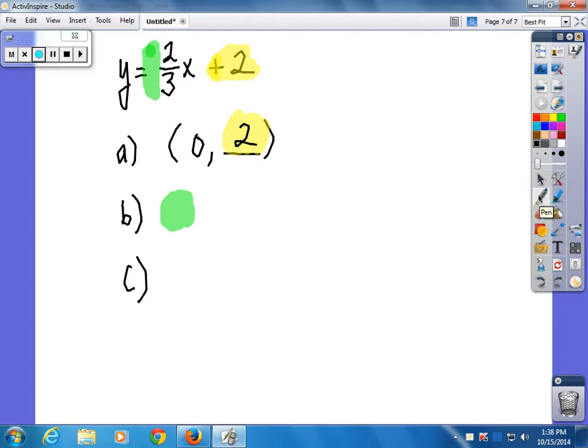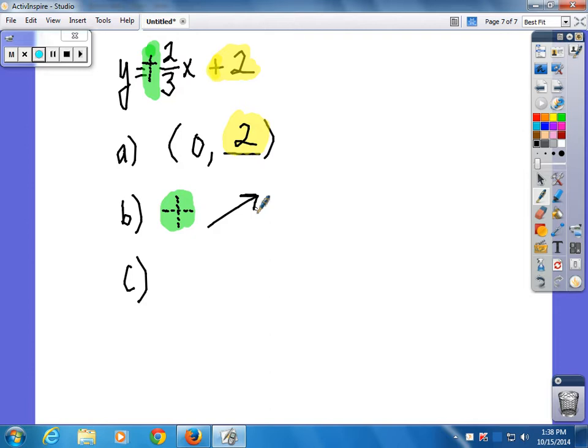It's positive. So I'm going to put a positive sign right here because it's not there. It's a plus. All right, so what does that mean? Left to right, what? Up.